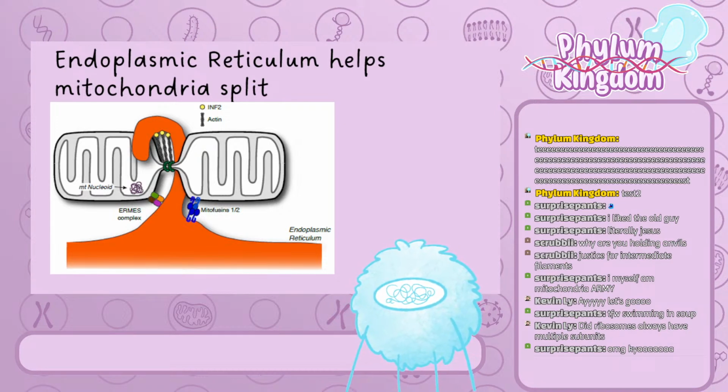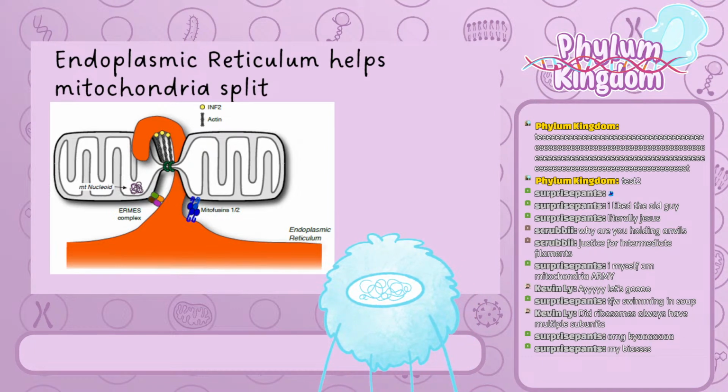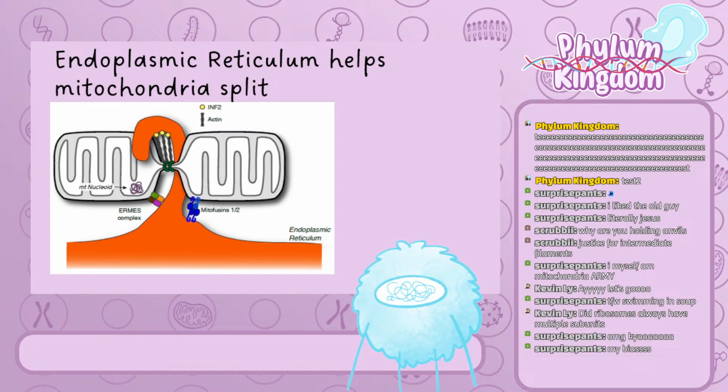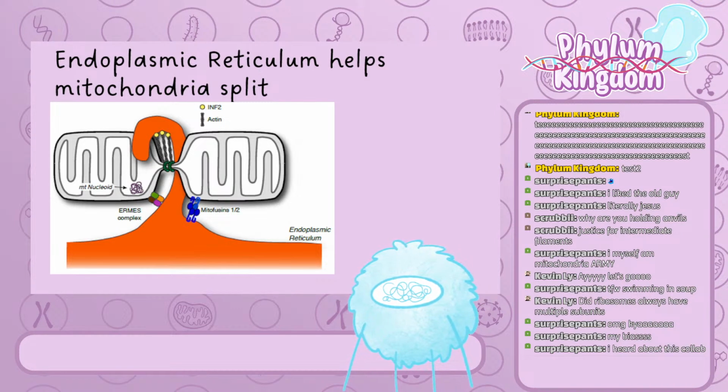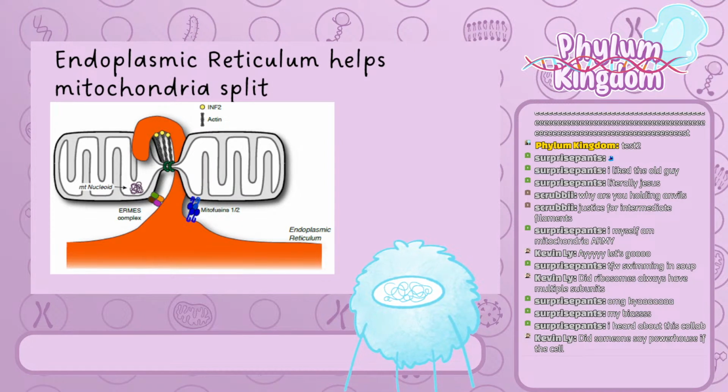You got to make sure that when the cells split, each cell gets roughly the same amount of stuff so that they can continue on and be a cell. And actually, the mitochondria need the help of the ER to actually do that, which is kind of mind-boggling. They kind of attach at these sites in the endoplasmic reticulum, and the ER kind of wraps around the mitochondria and helps pinch it apart.